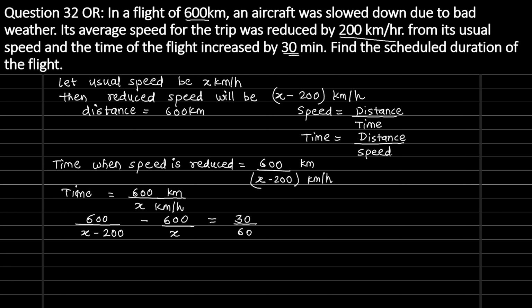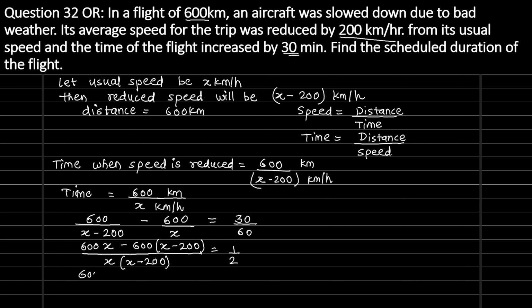Now, let's simplify it further. Taking the LCM as x into x minus 200, the numerator is 600 into x minus 600 in brackets x minus 200, equal to 30 divided by 60, that is 1 by 2.